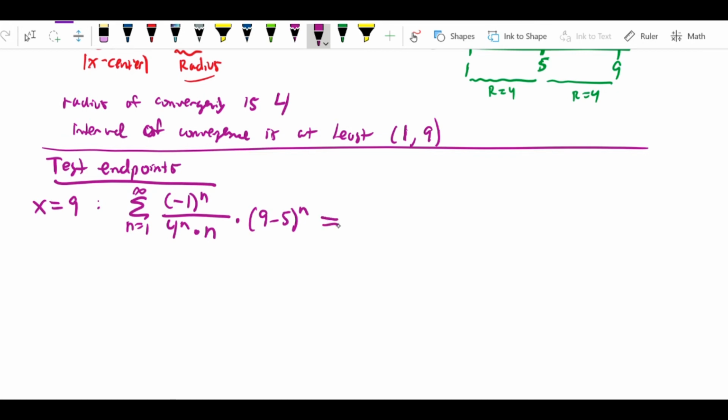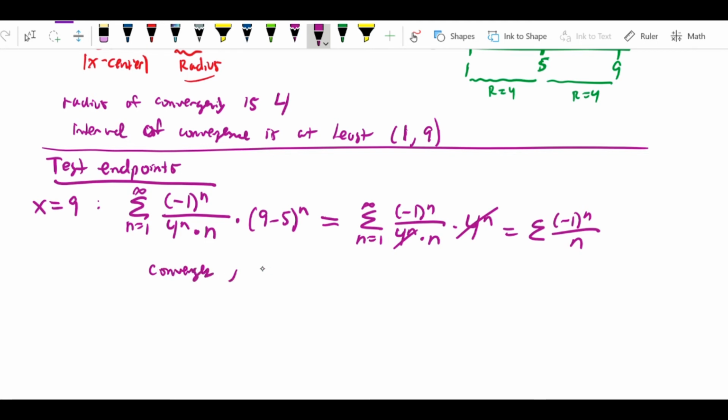So I'm just going to be able to evaluate this for convergence using just the normal set of tools that I would have used to evaluate any series for convergence. This comes out to the sum from n equals 1 to infinity of (negative 1) to the n over 4 to the n times 4 to the n. These are going to cancel, giving me the series (negative 1) to the n over n. This converges because it's the alternating harmonic series.